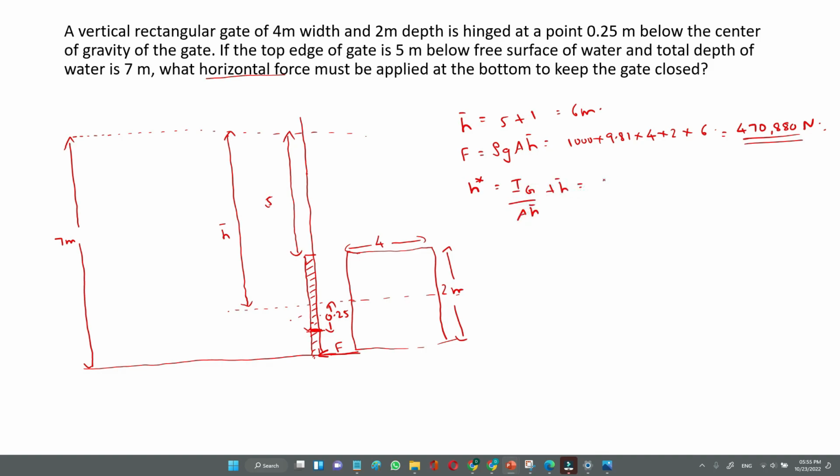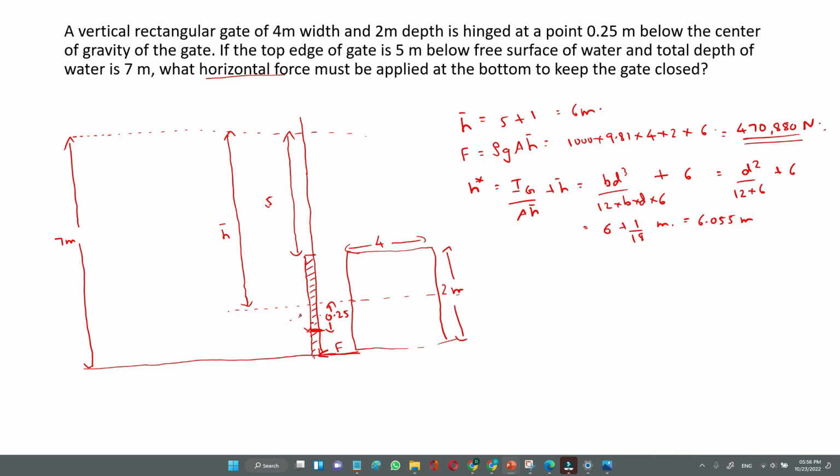That is equal to, for a rectangular gate, B D cube by 12 into B into D into 6 meter, plus 6. That is equal to D square by 12 into 6 plus 6. That is equal to 6 plus 1 by 18 meter. That is equal to 6.055 meter.